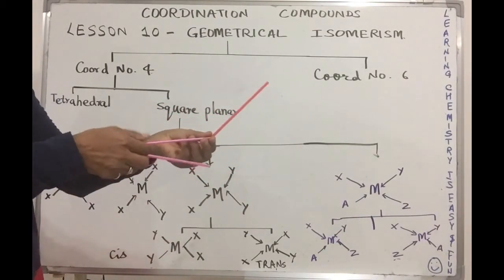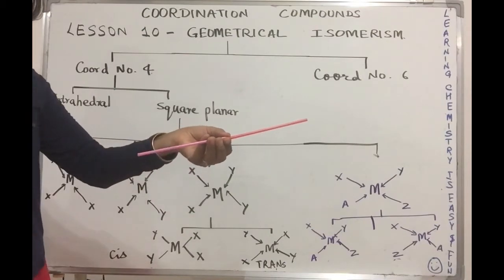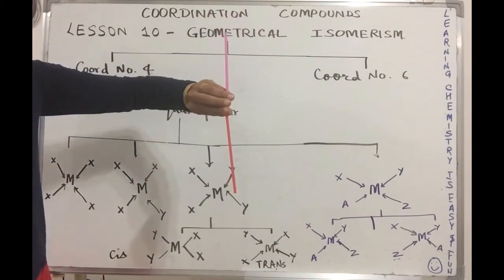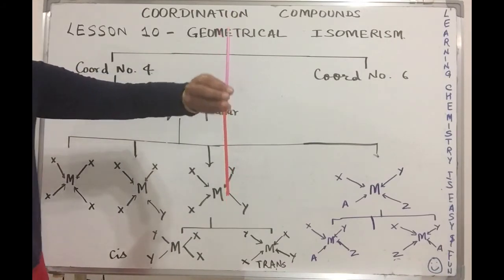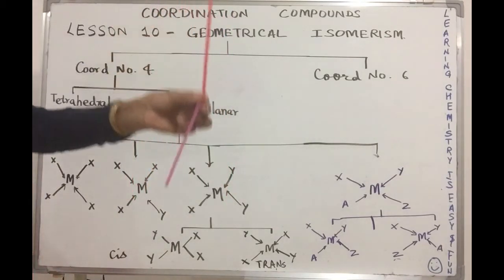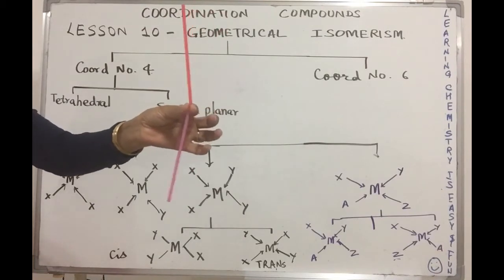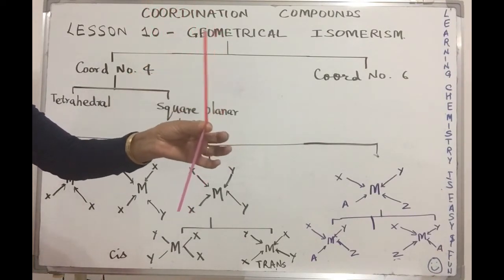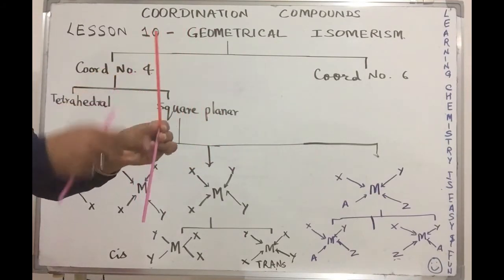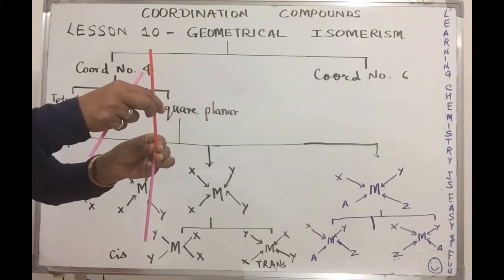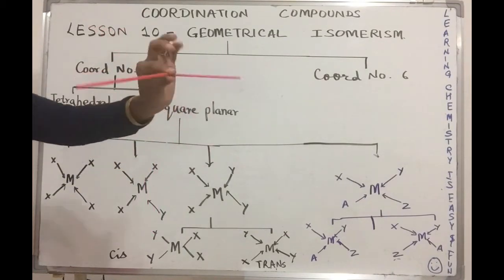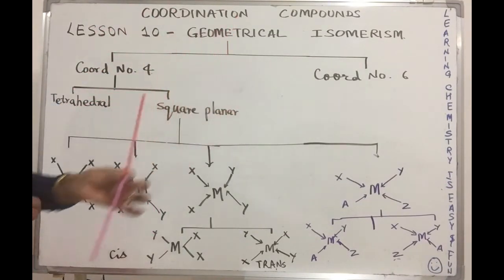Their position with respect to each other is the same, whether I put it like this or like this. So coordination number 2, geometrical isomerism, has no meaning. Isomers means I should have two or more forms differing in their position with respect to each other. That is what is geometrical isomerism, right? So I cannot have two different molecules.